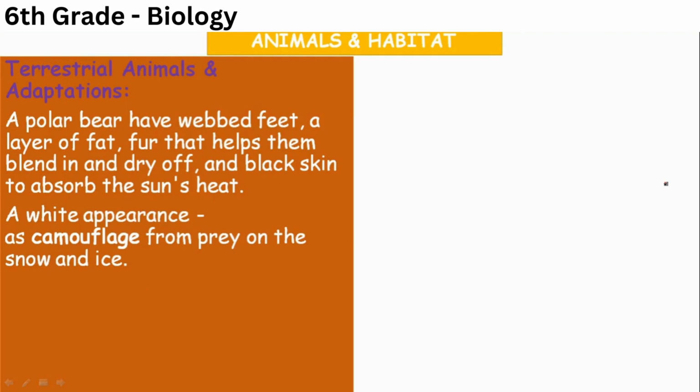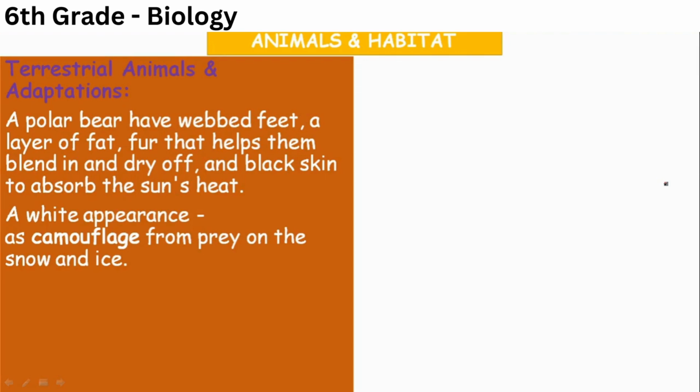A white appearance, what do you call a camouflage? From prey on the snow and ice. This camouflage helps them to catch the prey. They mingle themselves with the surrounding polar region, very pleasing atmosphere, very cool, covered with snow.